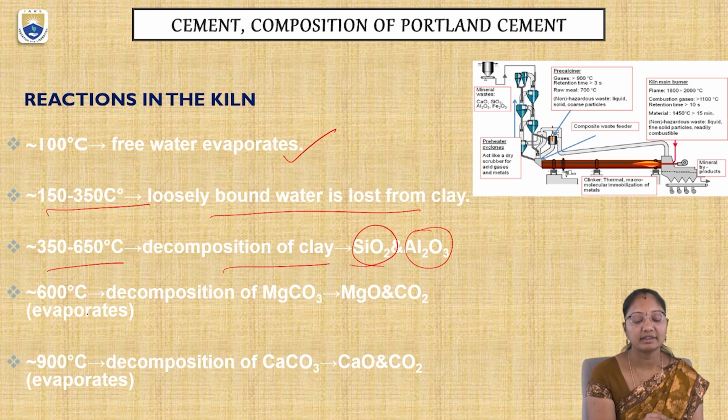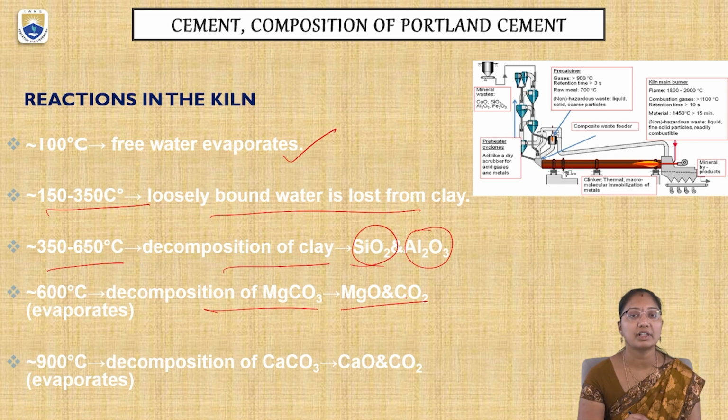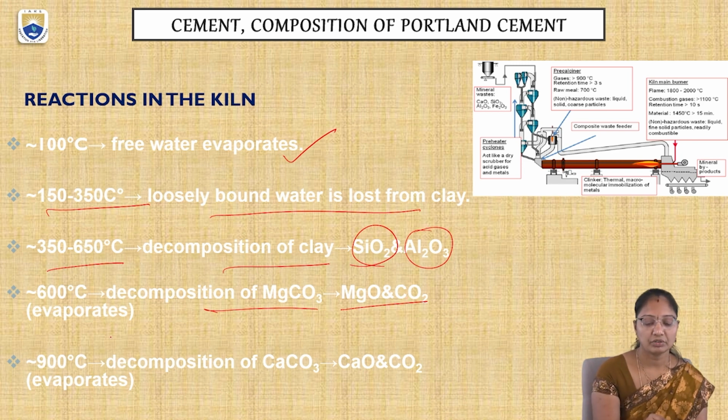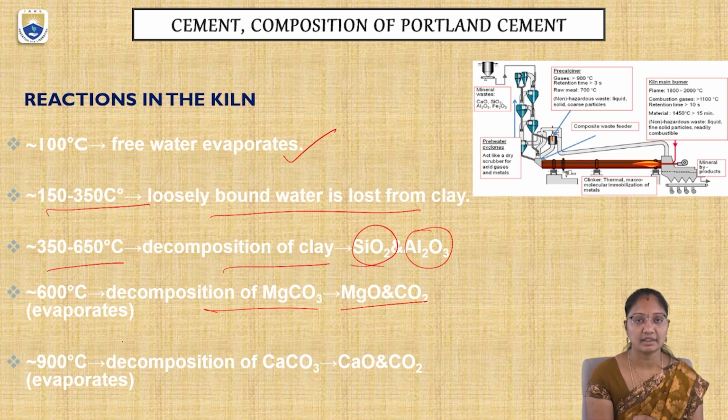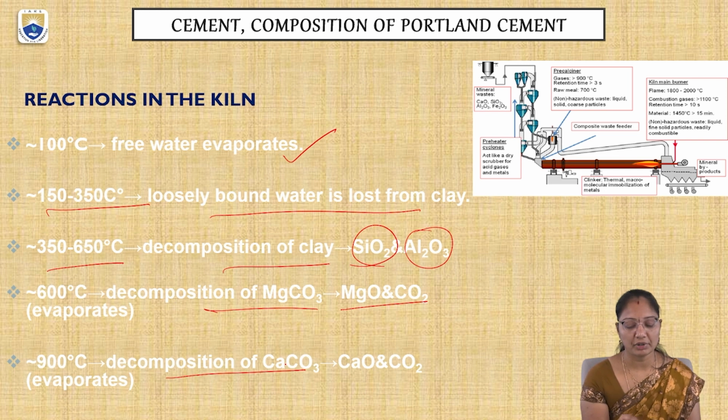Again at 600 degrees centigrade, magnesium carbonate decomposes into magnesium oxide and carbon dioxide. The carbon dioxide evaporates. Again at 900 degrees centigrade, calcium carbonate decomposes into CaO and CO2.